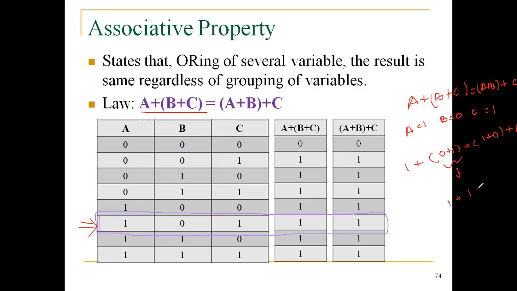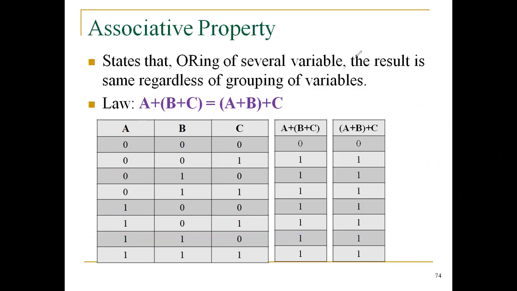So 1 plus 1 equals 1, and the other side, (1 plus 0) plus 1, is 1 plus 1 equals 1. Hence this associative property is proved. Similarly, any combination of input variables A, B, C, you can take and then justify.